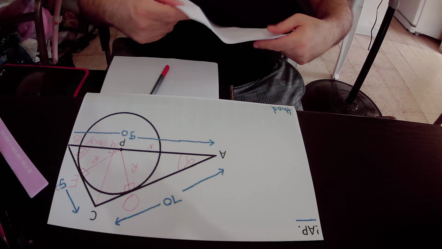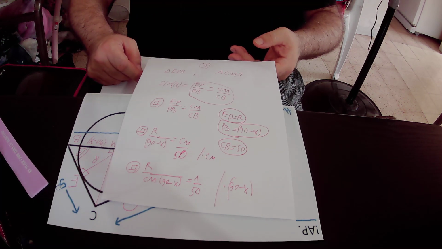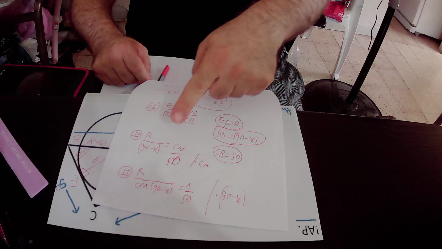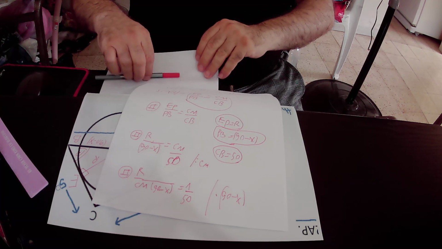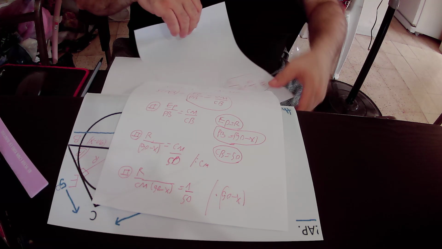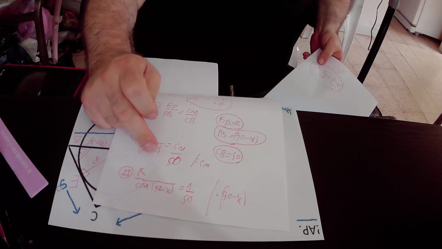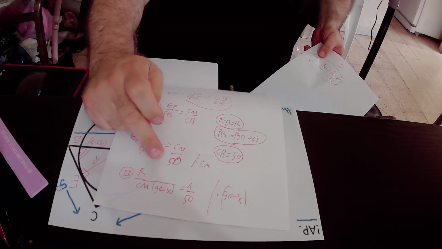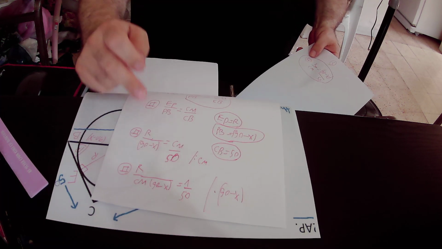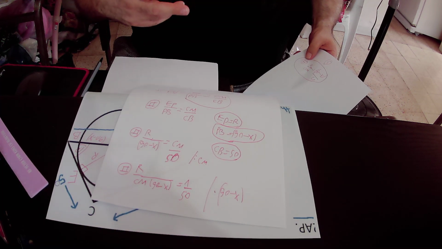Repeat again, we multiplied the equation by 90 minus x. So in this side of the equation, we have 90 minus x divided by 90 minus x equals 1.